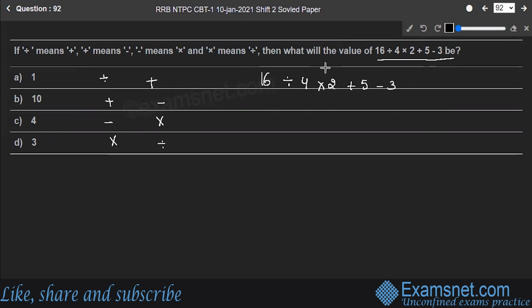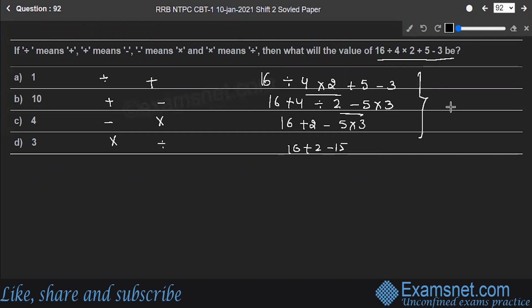So now let's replace the operations, these operands. Okay. So you will have 16 plus 4 divided by 2 minus 5 multiplied by 3. Let's divide them. 16 plus 2 minus 5 multiplied by 3. 16 plus 2 minus 15.